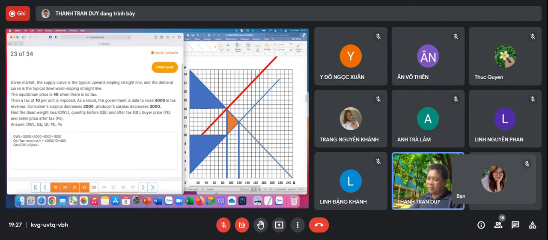So equal to 1,000 multiplied by 2 divided by 10 equal to 200. That's right. QT is 400 plus 200, so QB equals 600.